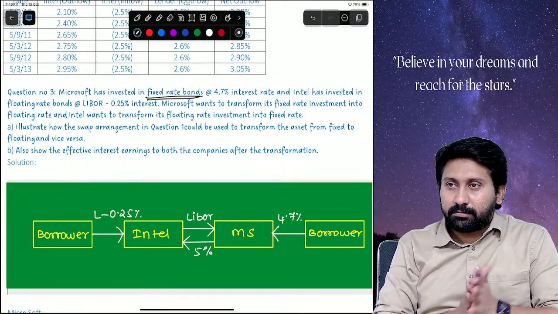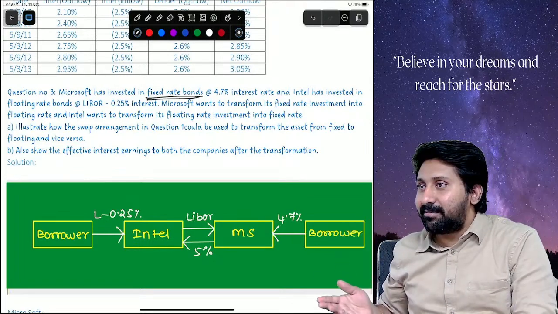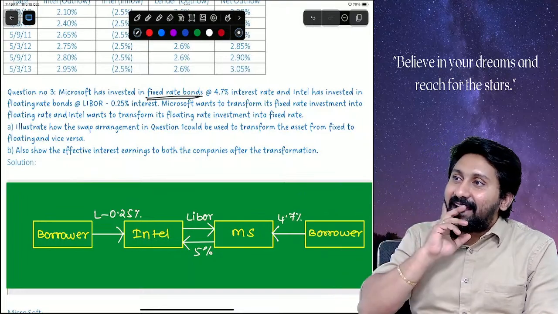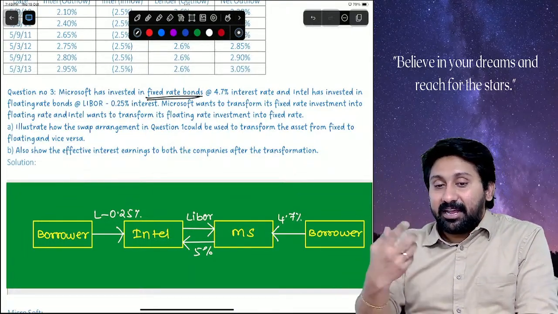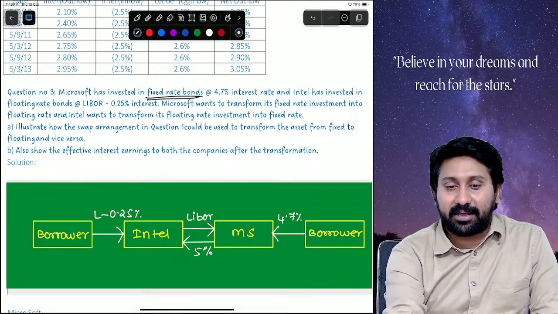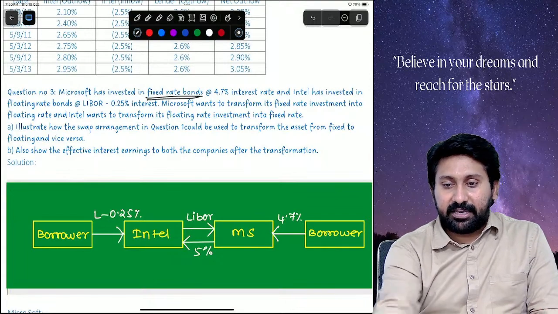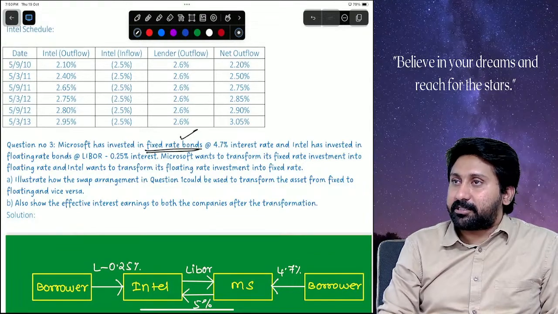Can you move on? Everyone here? Did you read the question? Yes, sir. Really, did you read the question? Asset or liability? It is transformation of assets. Because we have borrowed money, invested money. Let's see how it looks like. Okay. See here. Microsoft invested in fixed rate bonds. Of what rate?